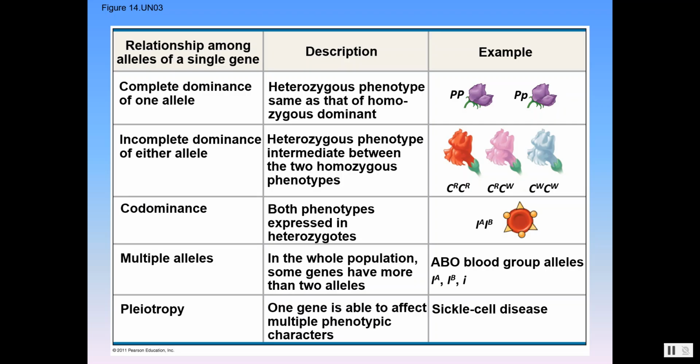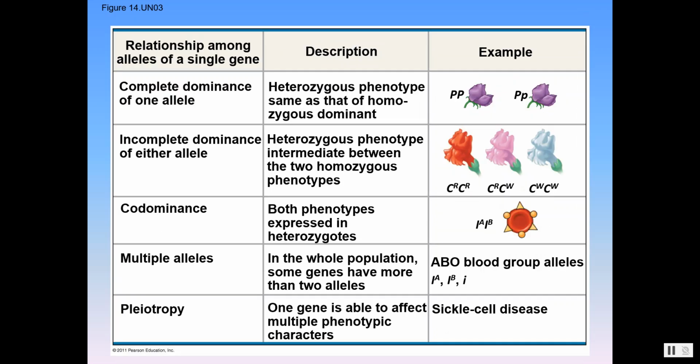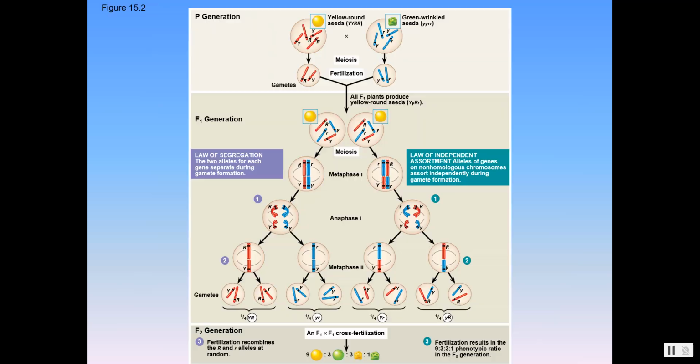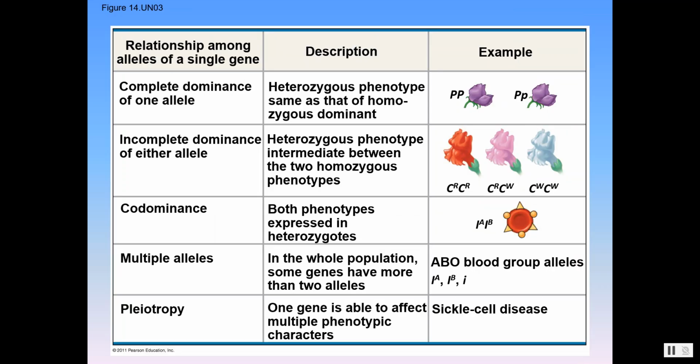This is a perfect little chart here because it tells you of the complex inheritance patterns and it tells you the description of each one, going all the way from codominance to multiple alleles to pleiotropy to epistasis, polygenic inheritance. All right, so this is a great table to sort of have nearby.